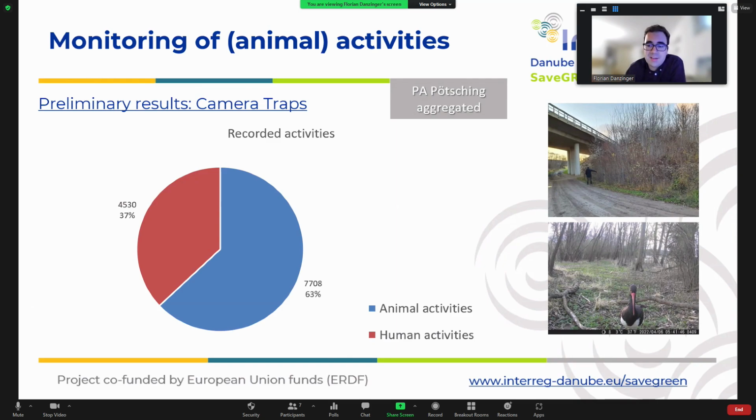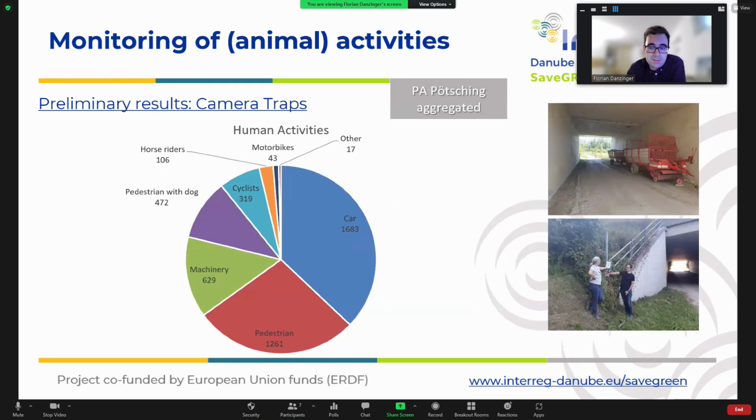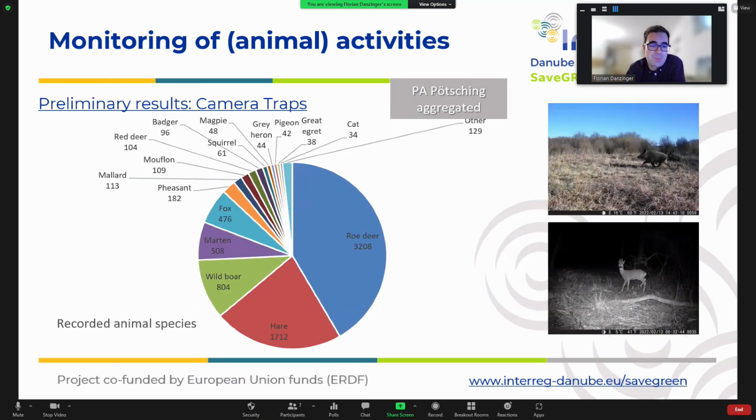So we see a lot of these sites are also visited by humans, which poses, of course, disturbance. Humans are crossing these cameras by car, by foot, using machinery for farming mostly, having a stroll with their dog, or also, of course, cyclists, motorbikes, horseback riders, and others.